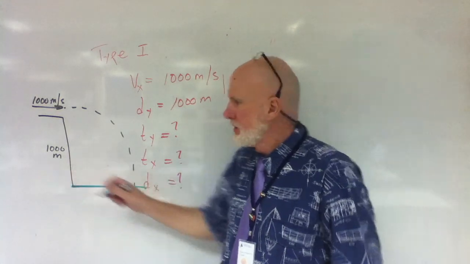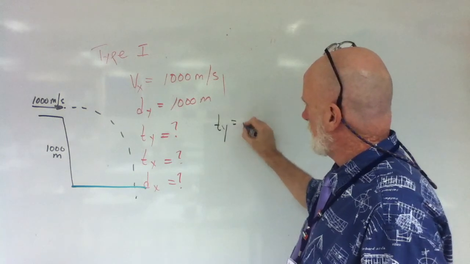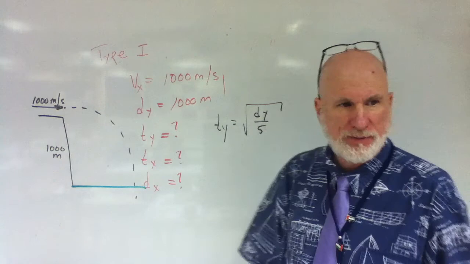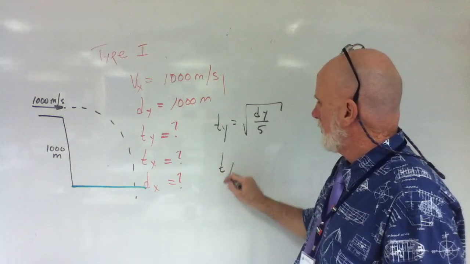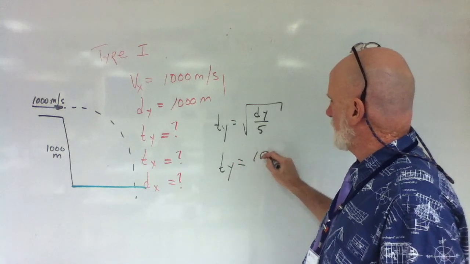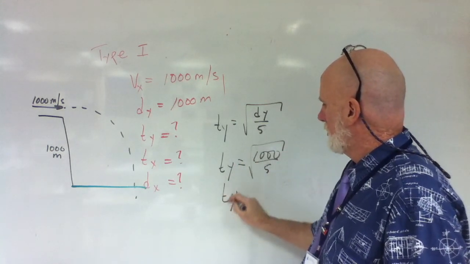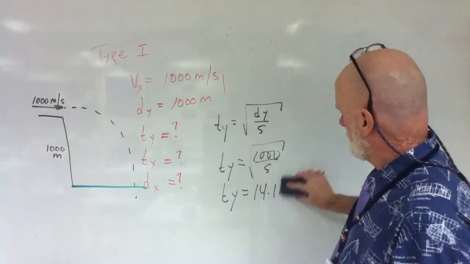You want to get used to that. So Ty is going to be root of dy over 5. Ty equals the square root of 1,000 over 5. Ty is going to equal 14.1 seconds.